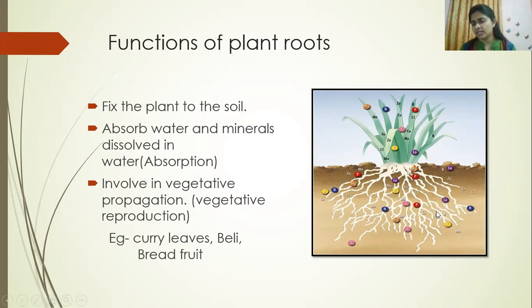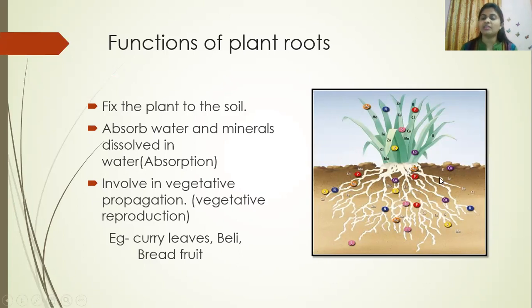What do you see in this red color, purple color, yellow color and blue color? What are those circles? They denote different kinds of minerals, children. Nitrogen, magnesium, potassium, sulfur, phosphorus, calcium.